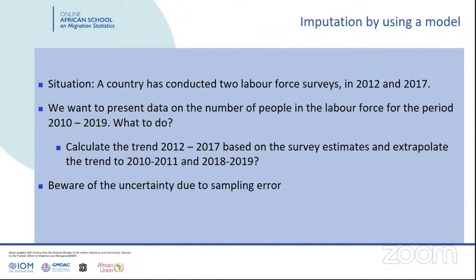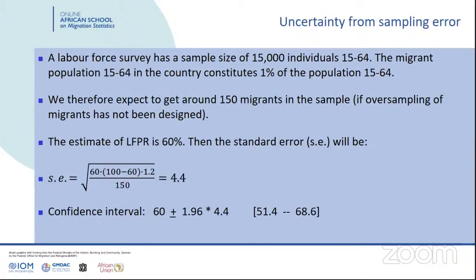But here also we have the problem with the sampling error. We have to be careful with the sampling error when we are calculating trends from sample surveys. And this is what I will show briefly here. Let's say we have a labor force survey with a sample size of 15,000 individuals.